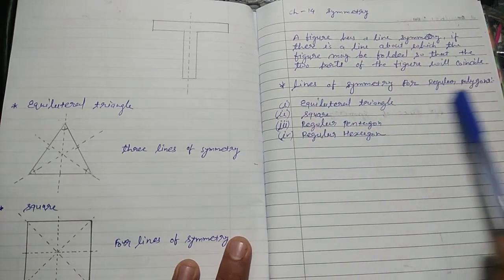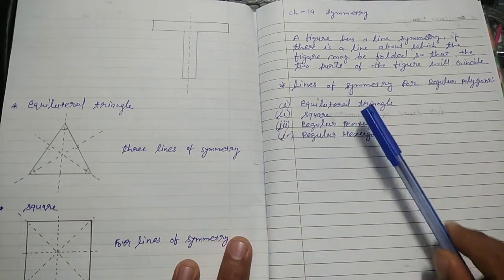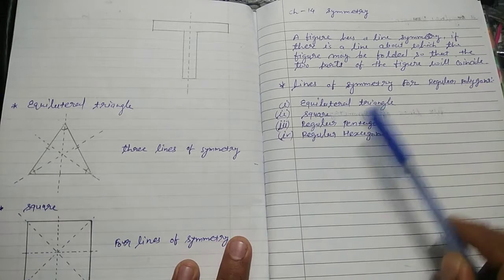Lines of symmetry for regular polygons. What is a regular polygon? A regular polygon is a closed figure which has equal length of sides and equal measure of angles. The first regular polygon, which has the least line segments, is the equilateral triangle.